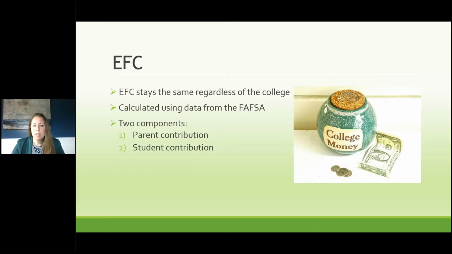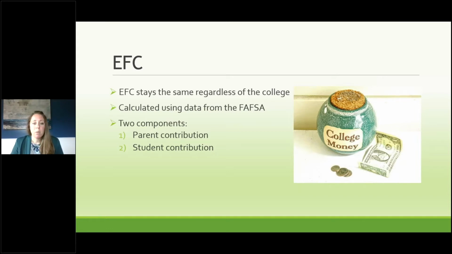The EFC is going to stay the same regardless of the college. Because it's coming from the FAFSA, that EFC is going to be the same from one school to the next. And there's two parts: a parent contribution and a student contribution. Coming out of high school, some students work, some students do not.